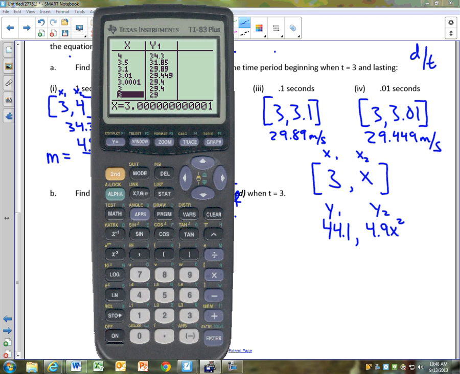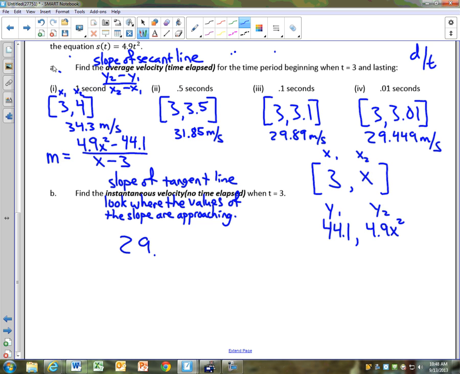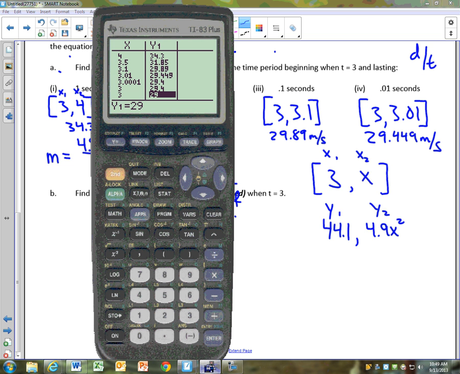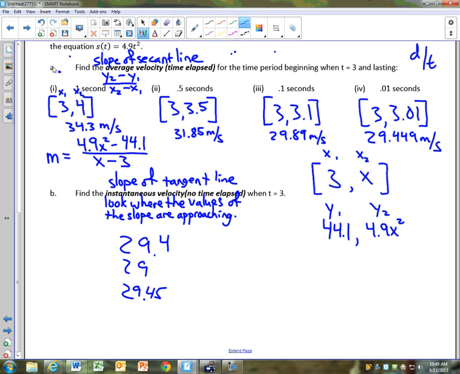I think your calculator is pulling an estimation issue on us. We could try more, but we're not going to. So we'll say, if you put on your test 29.4, or 29.45, I'd accept basically any of those, because again, we don't know how to do it exactly. We're looking for the value. I think our calculator is pulling a trick on us.